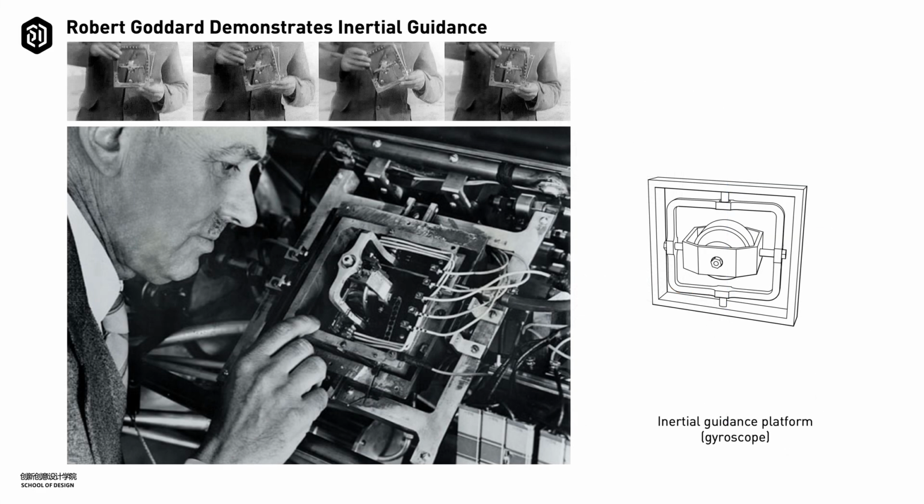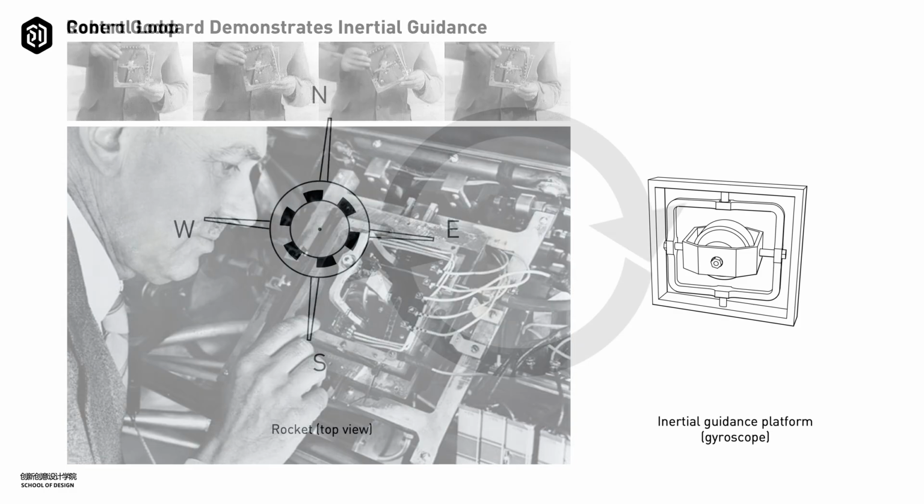So here we've got Goddard again with a close-up picture of the gyroscope mounted inside his rocket, and the relationship between the steering mechanism of the rocket and the internal gyroscope is what we call a control loop.